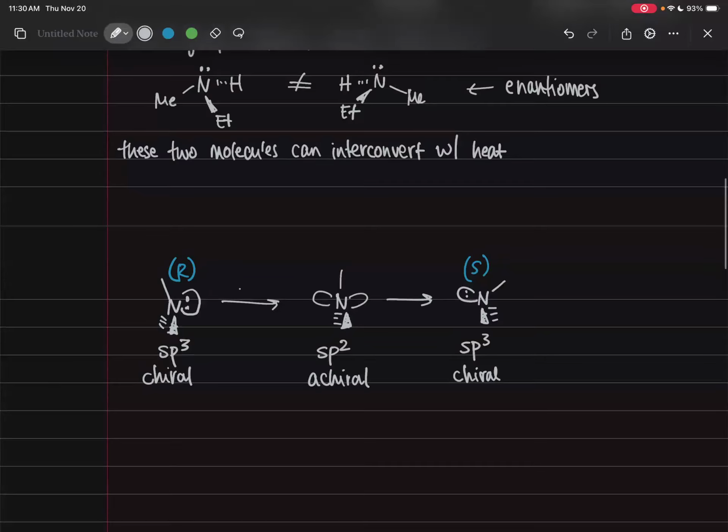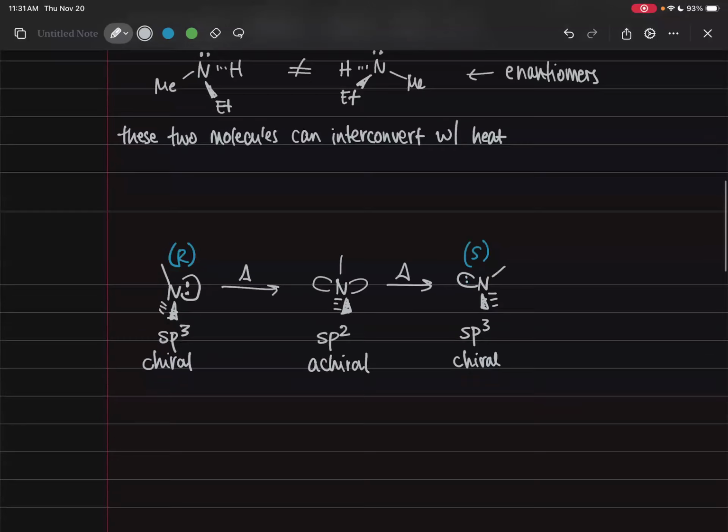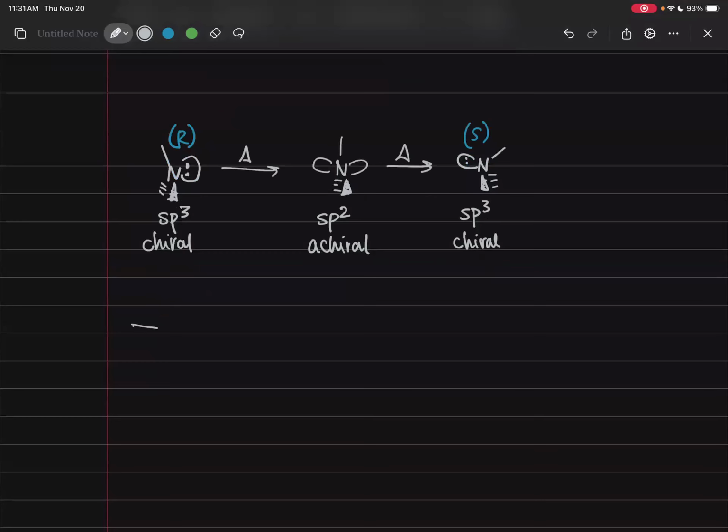And the only thing you need here is a little bit of heat, because that's kind of an energy diagram. That transition state in the middle is higher in energy. But the difference is only about 25 kilocalories per mole.